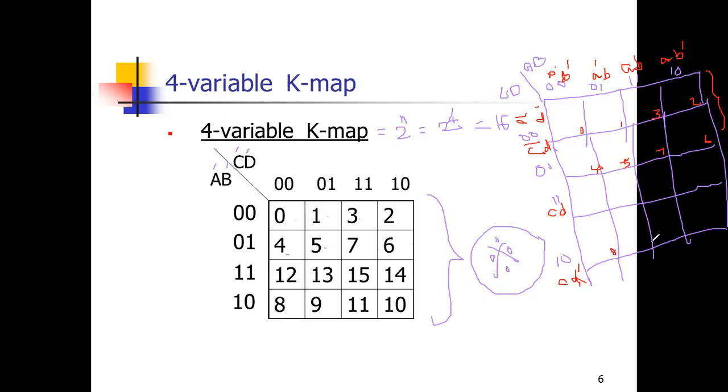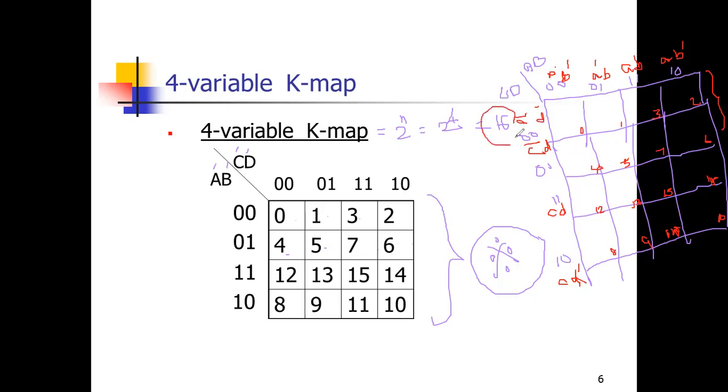Very important thing, please listen: 8 should be here, then 9, then 10 here, 11 here. Then 12, 13, 14 to be here, and then 15 here. So 0 to 15, totally 16 cells.